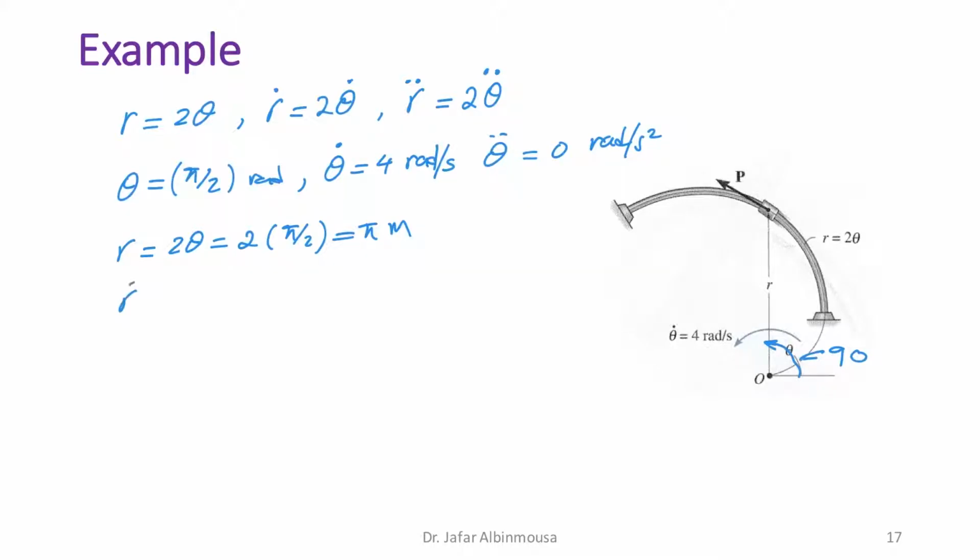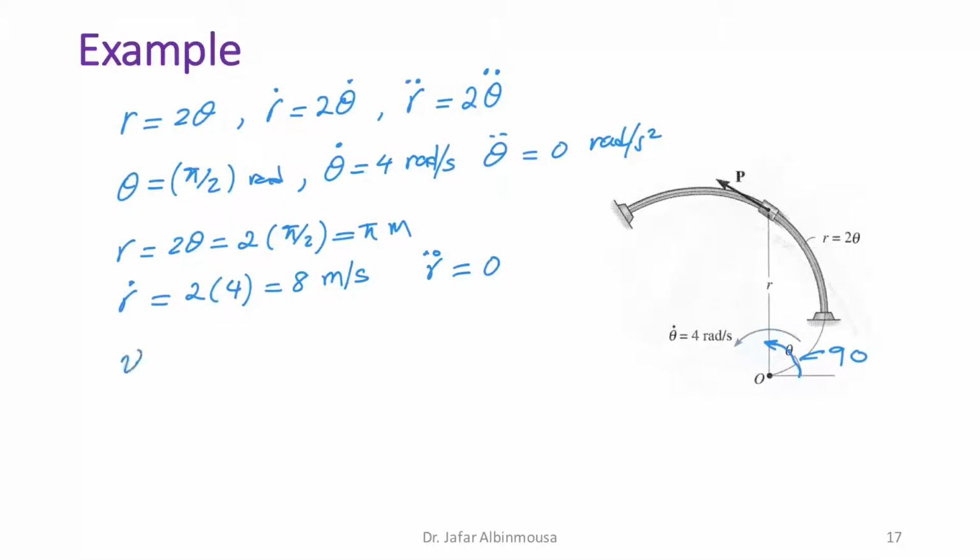Now, r dot is equal to 2 multiplied by theta dot, where theta dot is 4, so this is 2 by 4, which gives 8 meters per second, and then r double dot is going to be equal to 0.